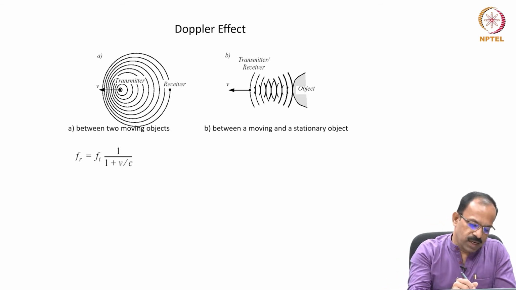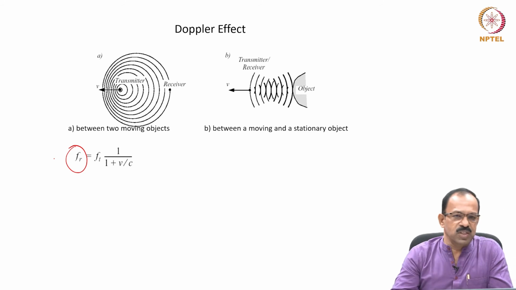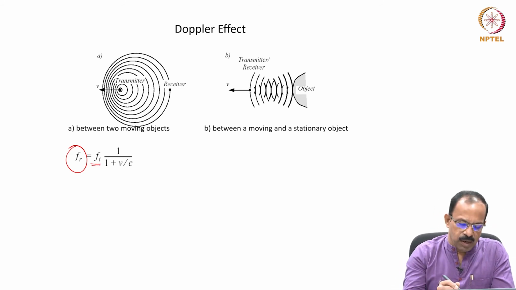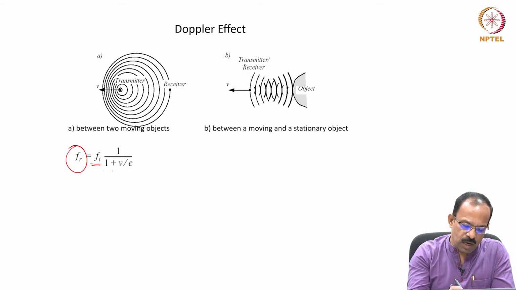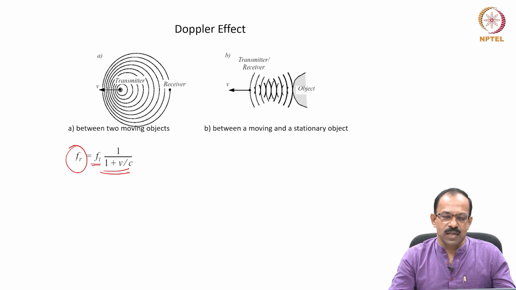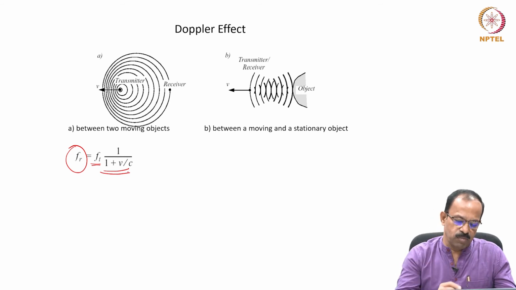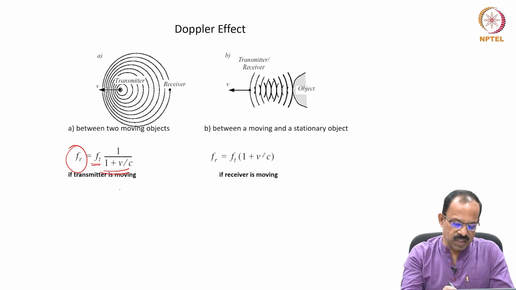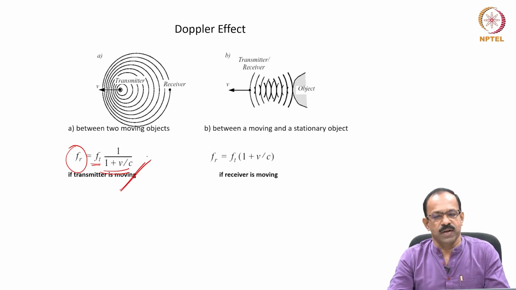The received frequency will be given as the transmitted frequency Ft multiplied by 1 over 1 plus V by C. That is the frequency received if the transmitter is moving.